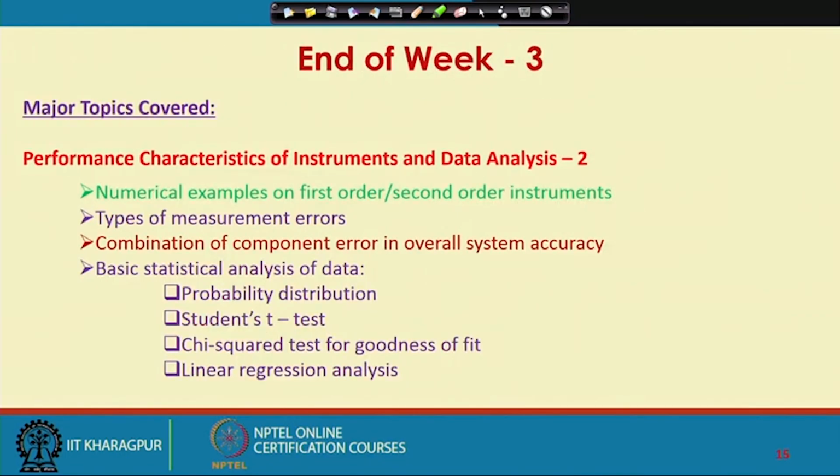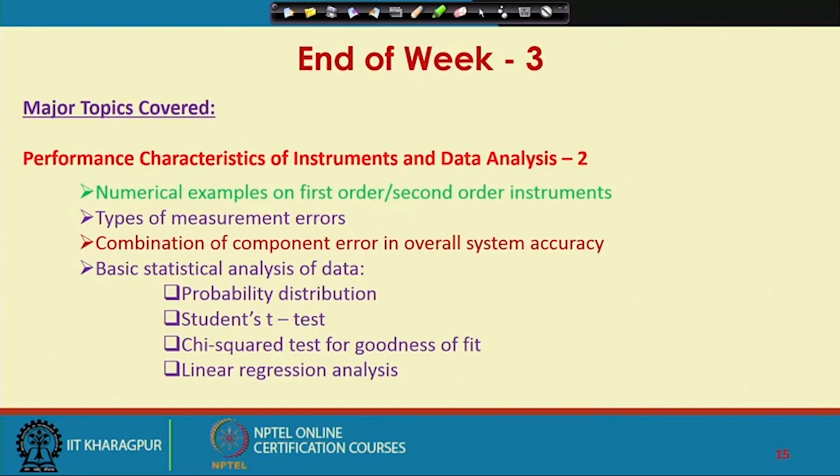So, this is the end of week 3. We have covered performance characteristics of instruments and data analysis part 2, that was the major topic, under which we have talked about numerical examples on first order and second order instruments.